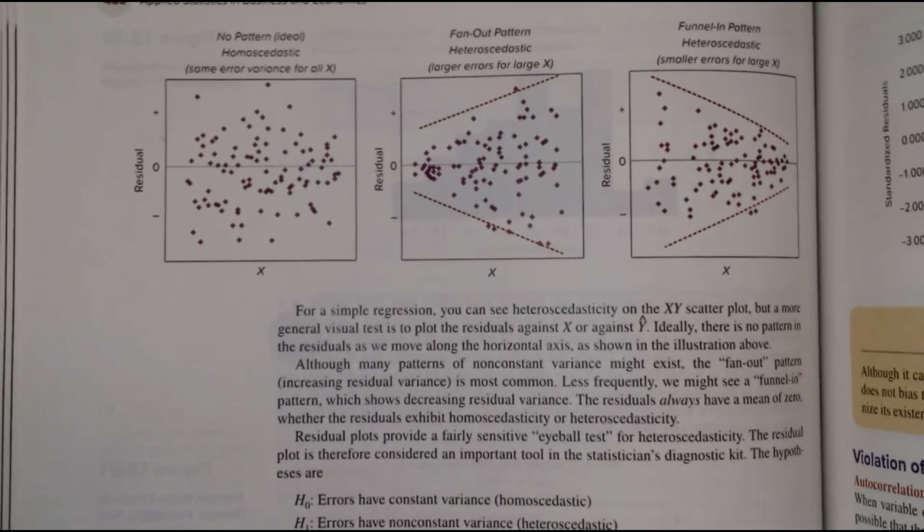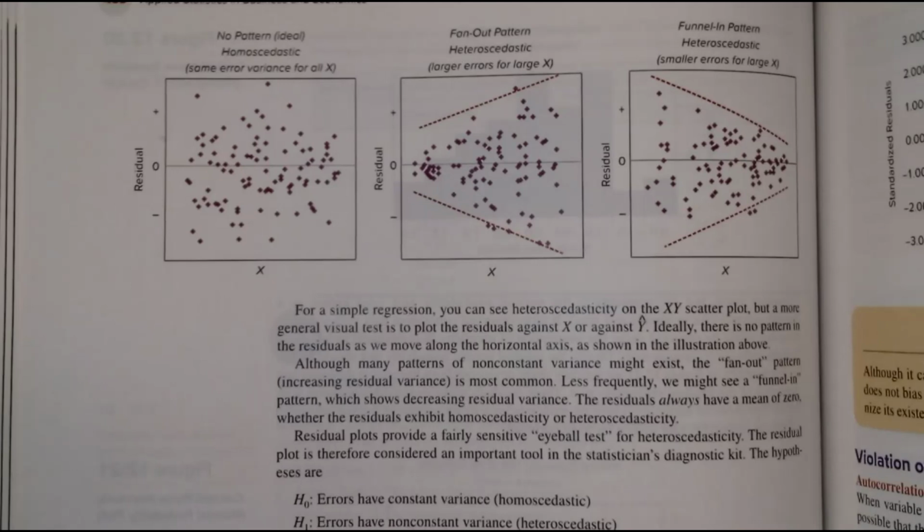But notice the trend as we go from left to right here. This leftmost picture, as I go from left to right, it's spread out evenly. But in this middle picture, as I go from left to right, the variation gets bigger. And the third one, as I go from left to right, the variation is getting smaller.